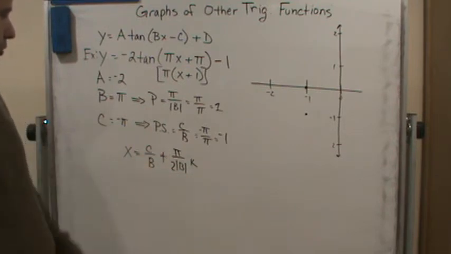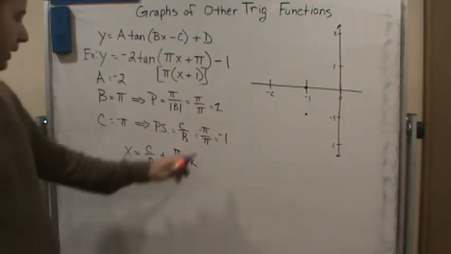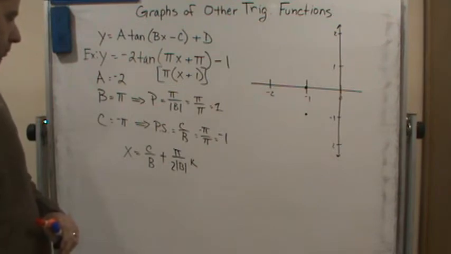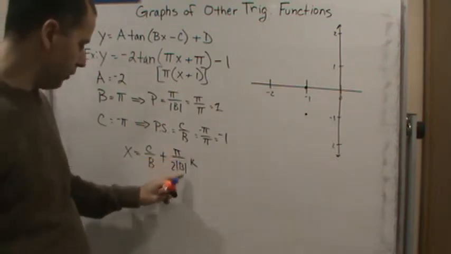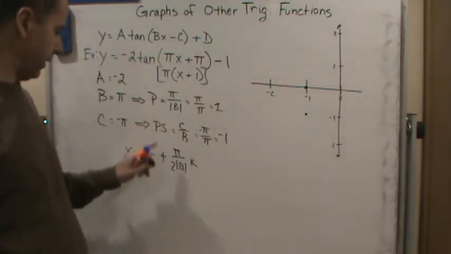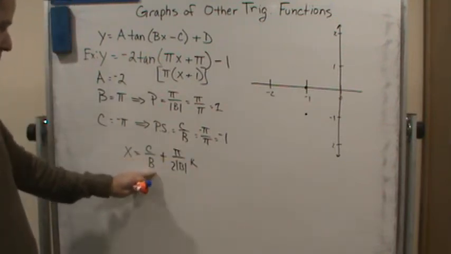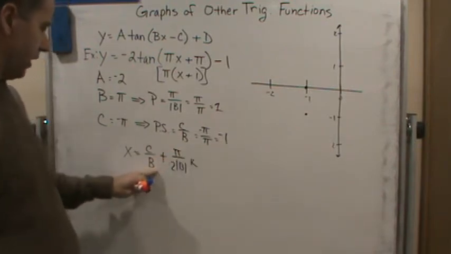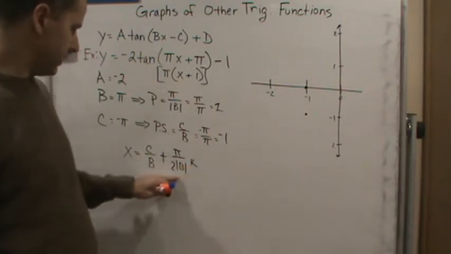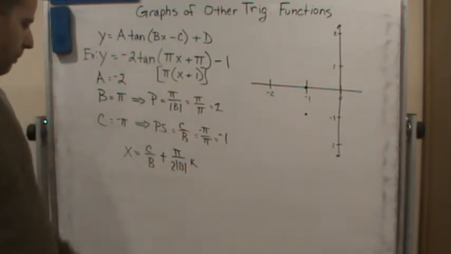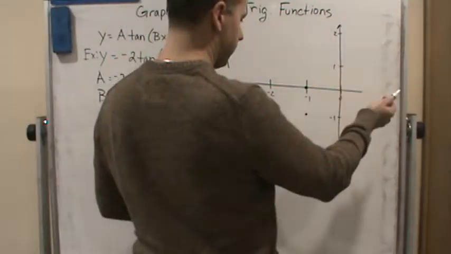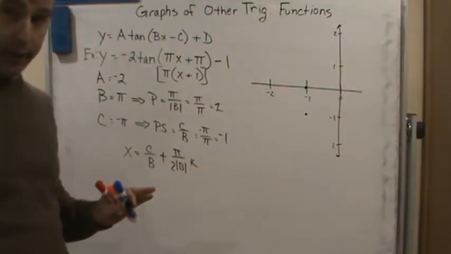Pi over 2 times B is 1/2 of that, because pi over the absolute value of B is the period. So it's always half the period. So it's wherever this is, which is -1, the phase shift, plus any odd multiple of this. That means we're going to the left and the right 1/2.